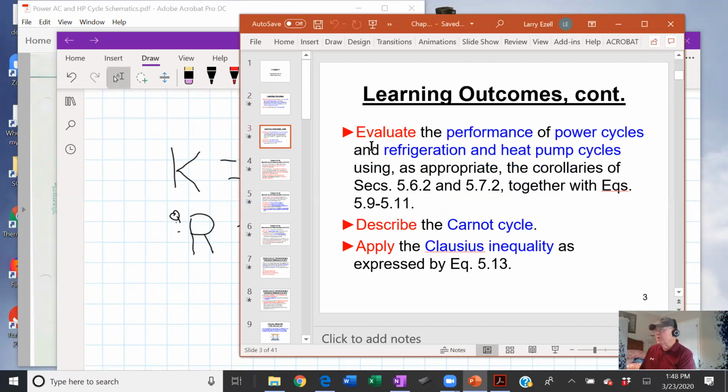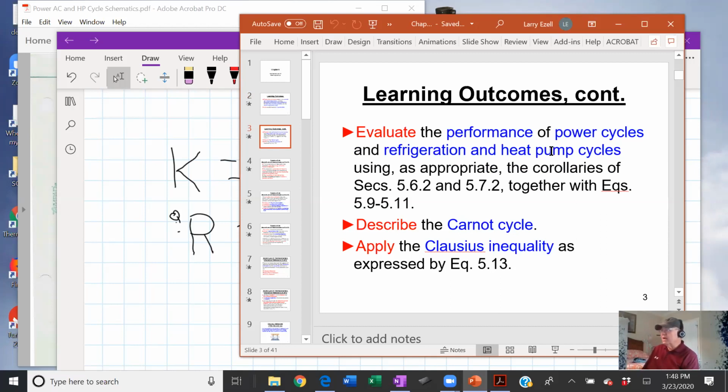We're going to evaluate the performance of 3 different cycles, and I think it's sort of interesting. Power cycles, which we just mentioned, that's to produce electrical power. Refrigeration cycles, that's to cool our food in our refrigerator, or freeze our food in our freezers, or cool ourselves off when we're sitting in a nice air-conditioned room like I am.